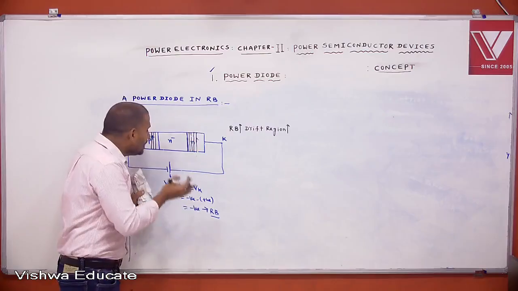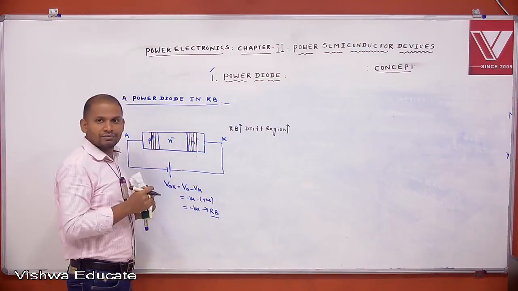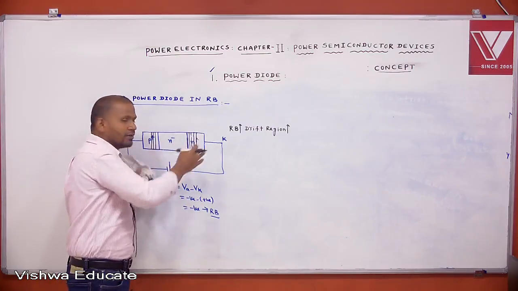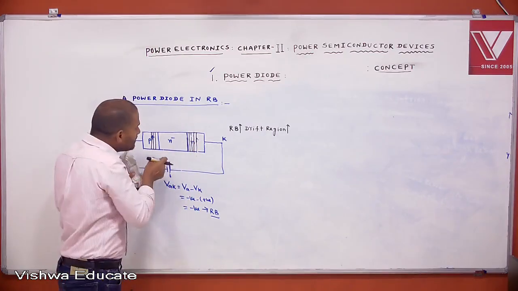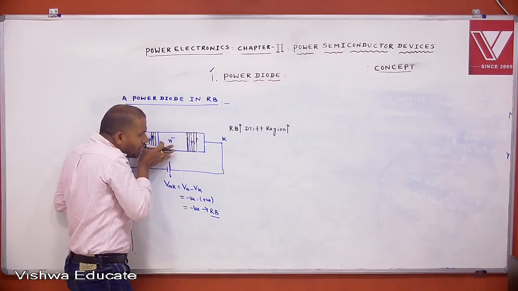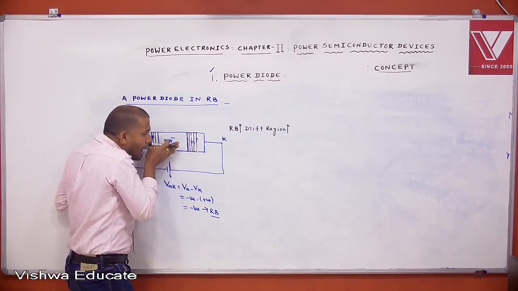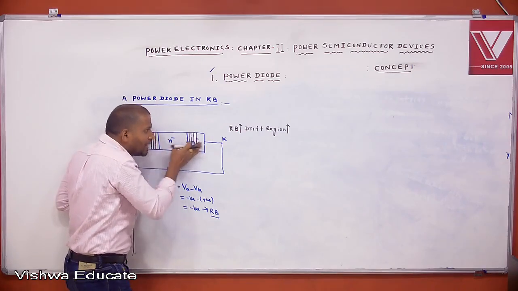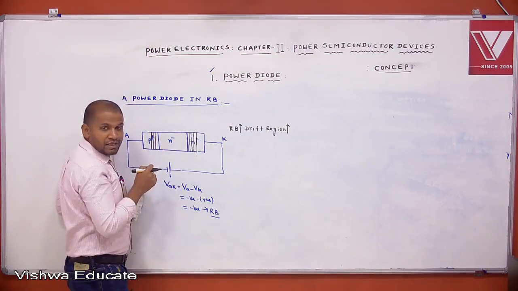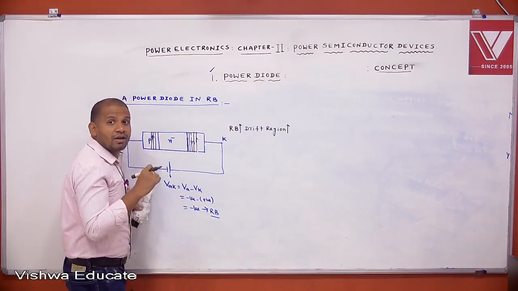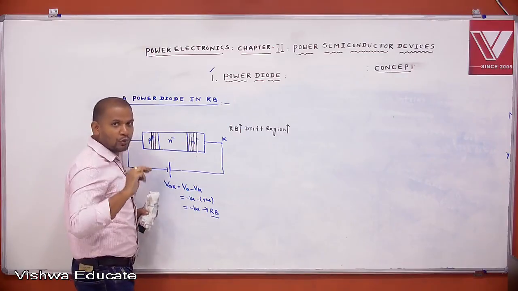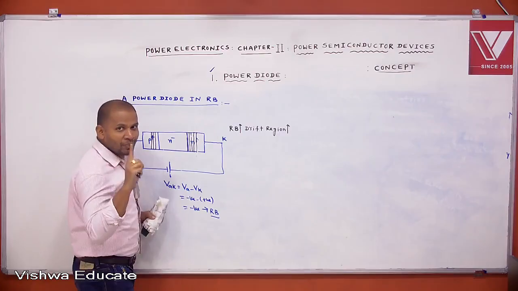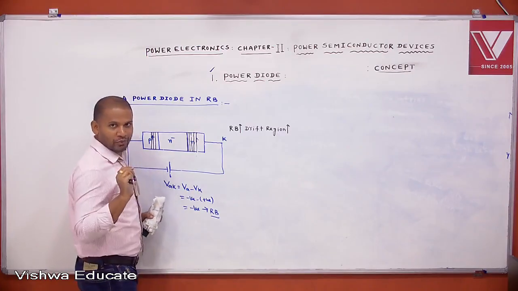If the reverse voltage is continuously increased, the drift region penetrates into the N plus region, that is, the drift region moves up to the end of the N plus region. Then those diodes are called punch through diodes. Here we are dividing into two diodes: non-punch through diodes and punch through diodes.